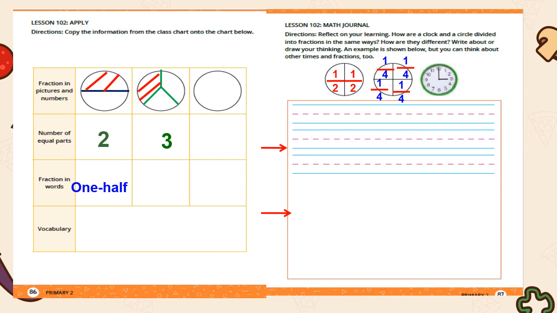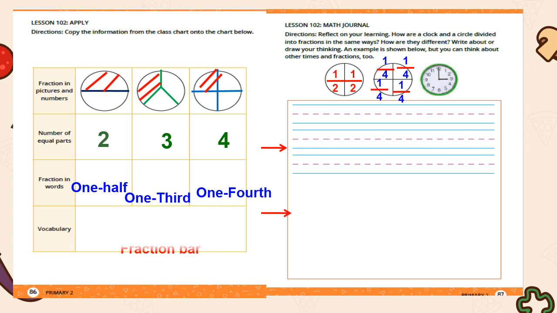The fraction will be 1/3. The last circle, if we divide it into 4 equal parts, the number of equal parts is 4, and the fraction will be 1 colored part over 4 total parts. So the numerator is 1 and the denominator is 4. So the name of the fraction is 1/4.